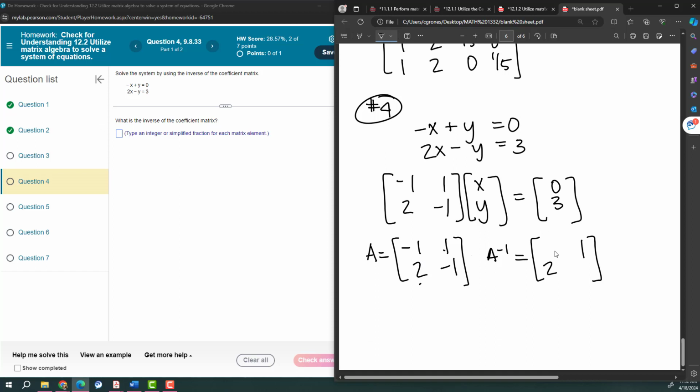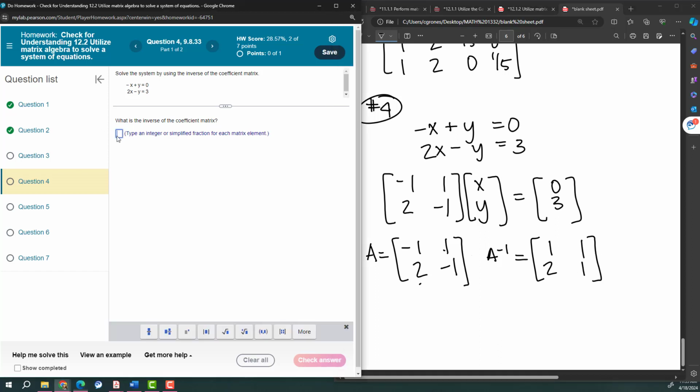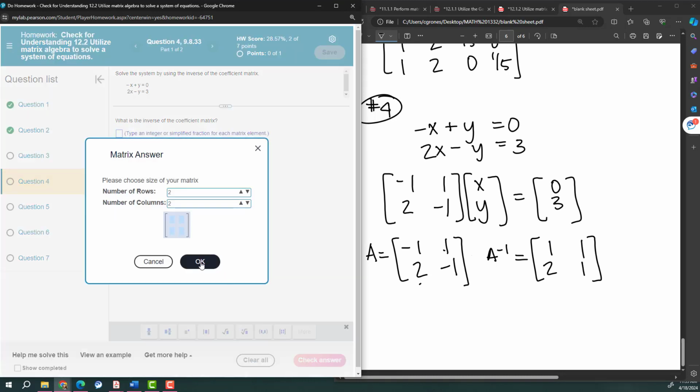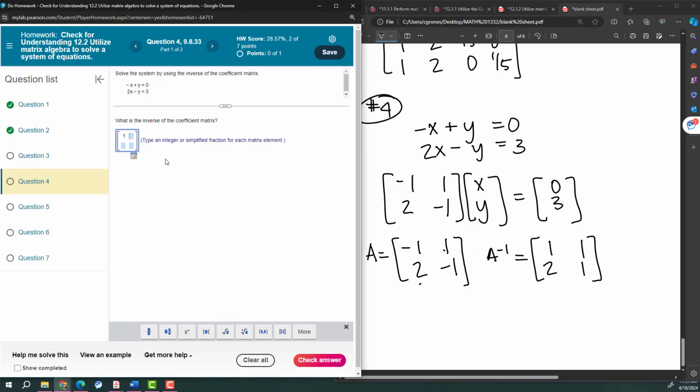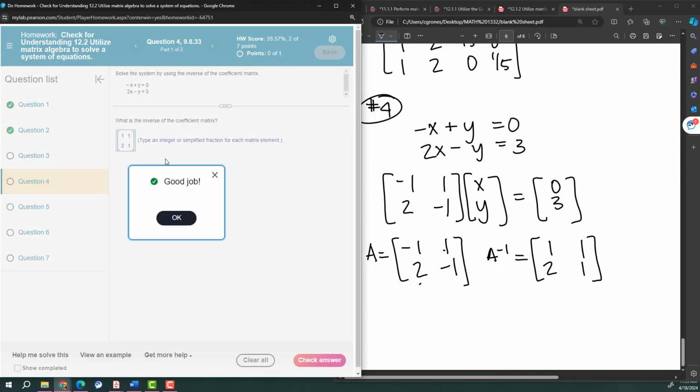They're the same thing, so it doesn't really matter. But what we also need to do is negate them. So if you're switching them and it's positive, you're going to make it negative, and if it's negative, you're going to make it positive. So what we end up with is this. So this is going to be the answer for the first part. Our inverse of the coefficient matrix is going to be this.